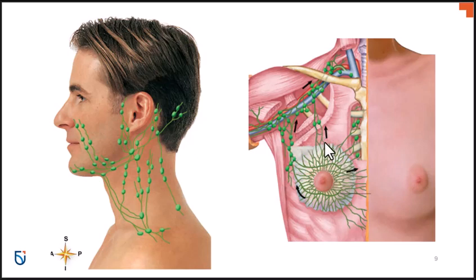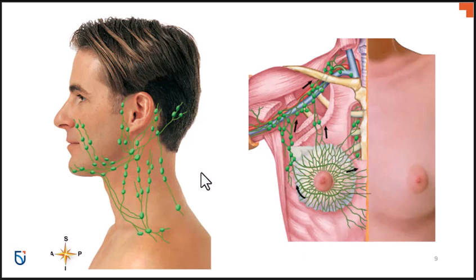So if somebody has breast cancer, one of the first places it will go if it does spread is into the lymphatic system and then the lymph nodes. Then, unfortunately, those cancerous cells could end up entering into the subclavian vein and then being part of our circulation. And that's part of how breast cancer can spread.